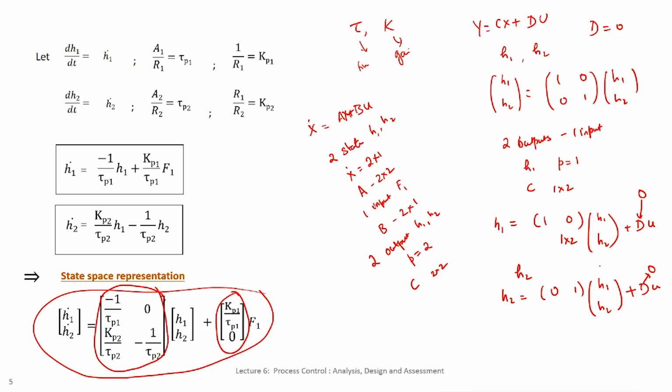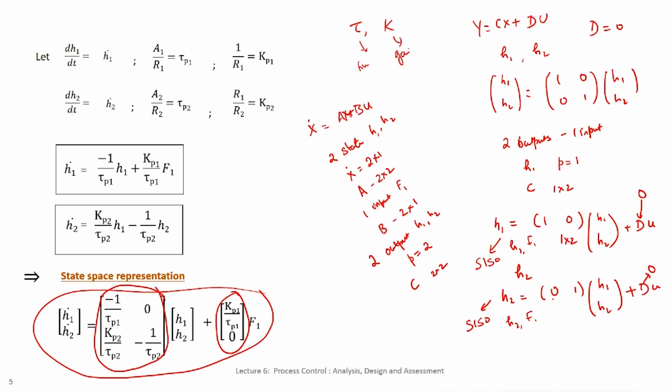However, the difference between these two cases and the case where both H1 and H2 are outputs is that these two cases are SISO cases, single input single output, because the only output is H1 in one and H2 in the other, and the input is again F1 or Fi. So, in this example I have a SISO system, however, I have more than one state. In fact, I have two states. This is how we convert a physical model into a state space model.